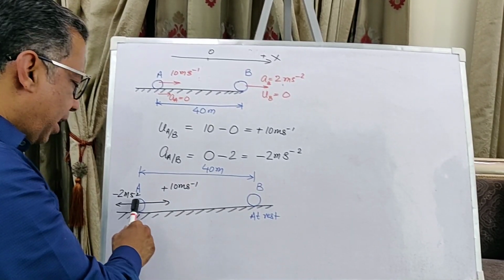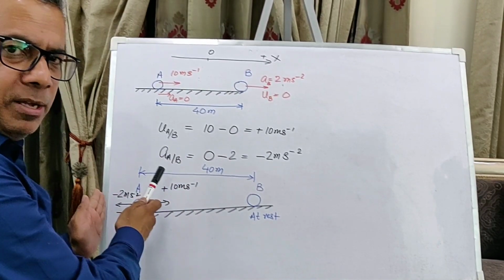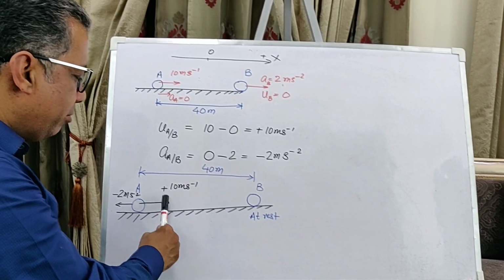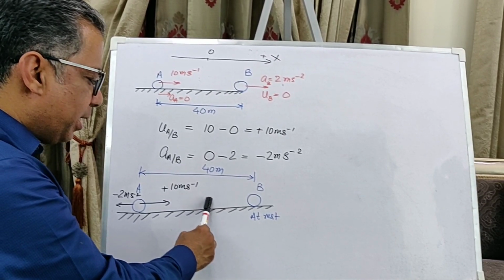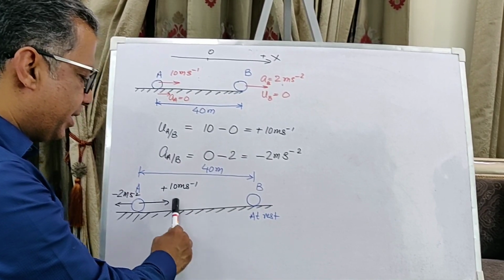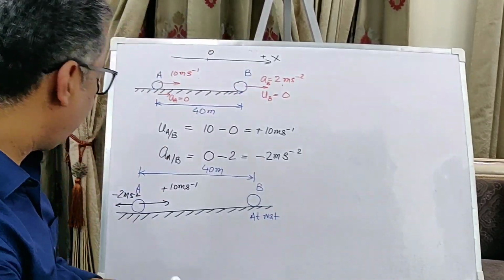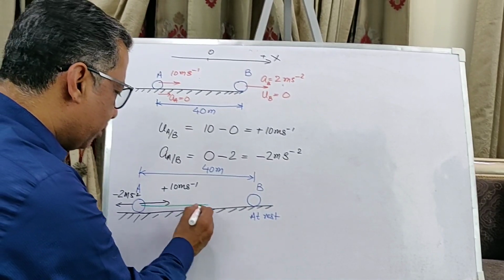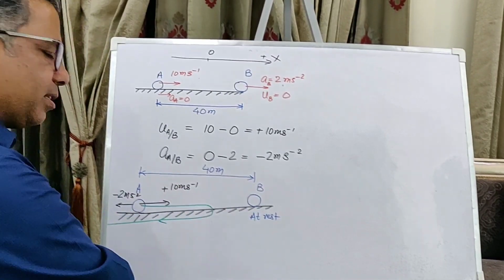B is at rest, A moves towards B, but its speed is reducing. Before the turning point, it's a speeding down motion where speed reduces. A comes with reducing speed. It stops here, and at this turning point it has stopped, and then it reverses direction and moves away. So the path that A is following will be somewhat like this. A moves towards B, stops, and then takes a U-turn and runs away.